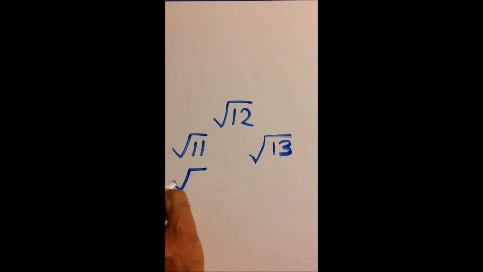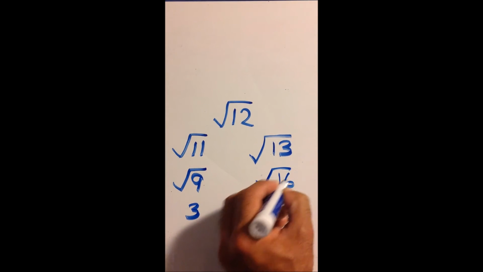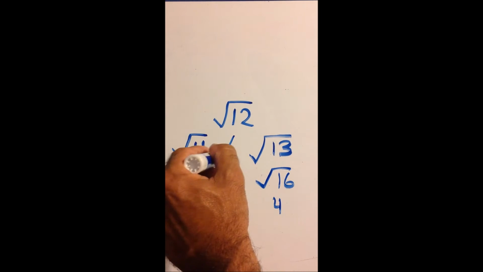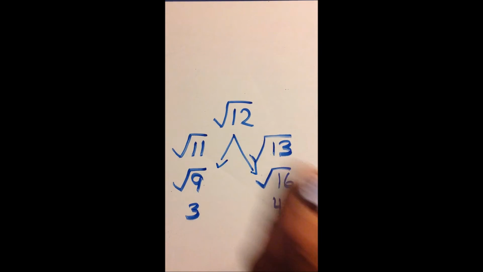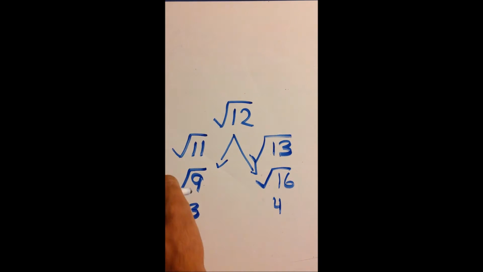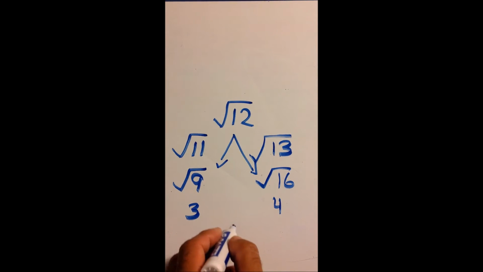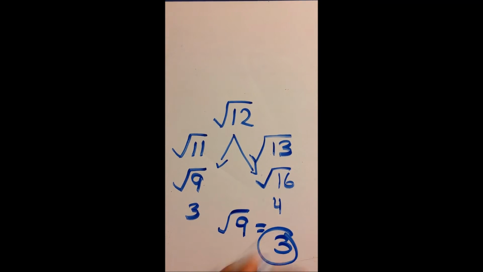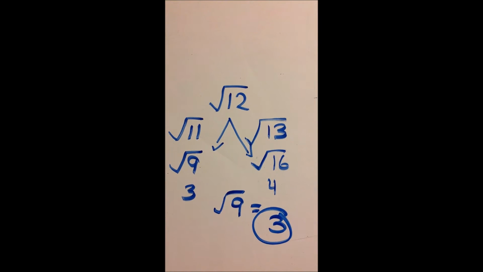So we have the square root of 9 over here, that's 3, and the square root of 16 over here is 4. What's it closest to? Is it closer to 9 or to 16? Well, it's 4 away from 16, but only 3 away from 9. So the nearest integer is 3. So that's to the nearest integer.